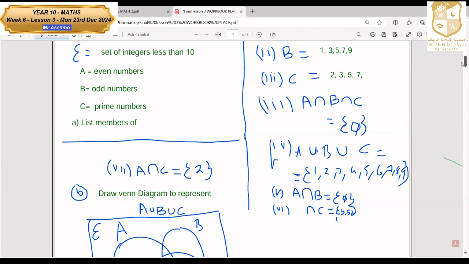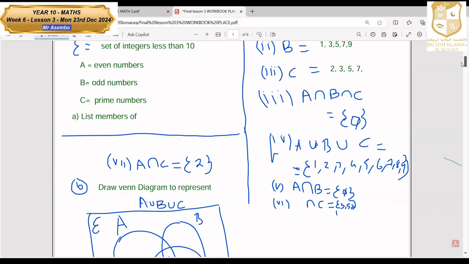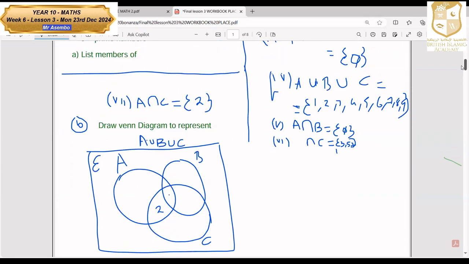Yes, we do. Okay. What are those? 3, 5, and 7. So the shared ones we put in the middle.